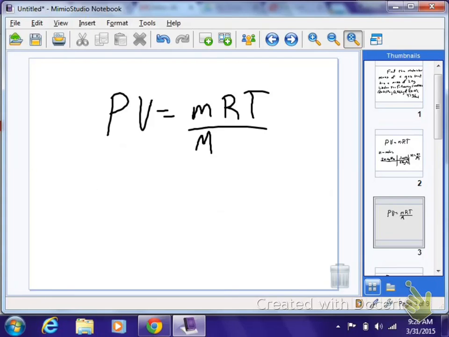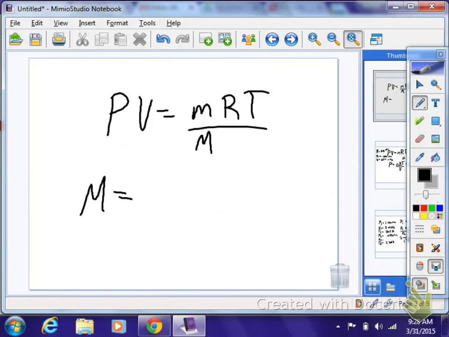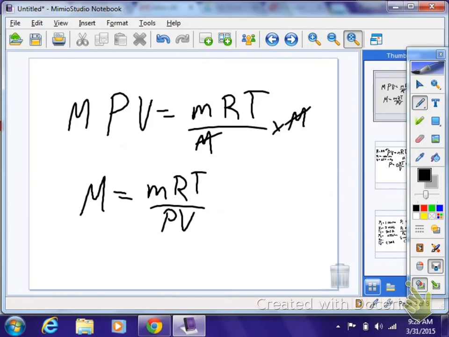Solve for capital M. So capital M equals little mRT over PV. That would be right. Multiply both sides by capital M, then you've got everything on one level. Then divide both sides by PV.